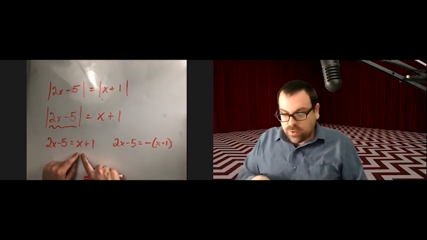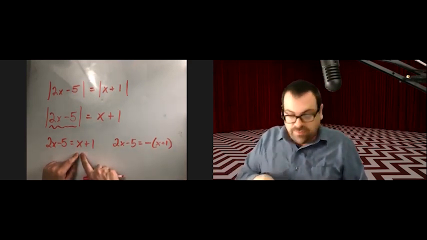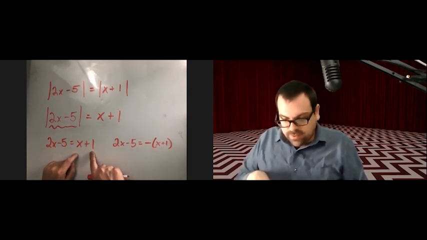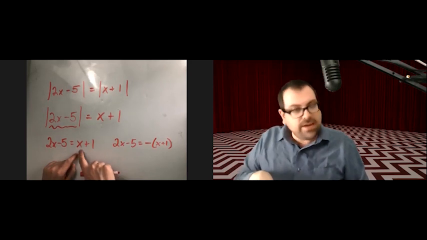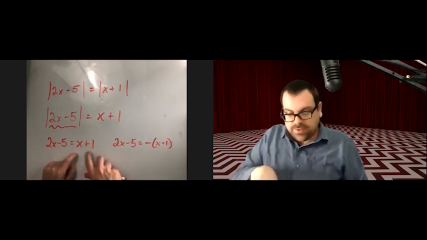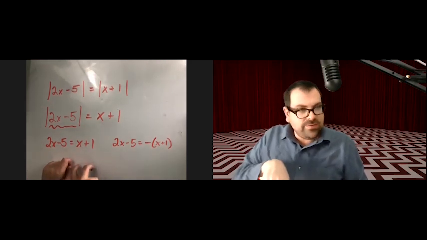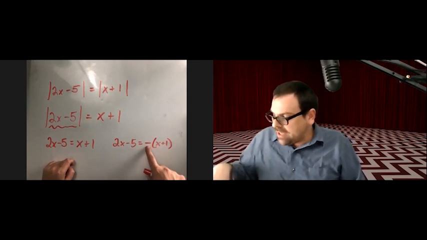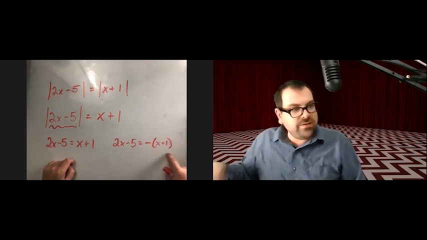Let's say x was negative 5. If x was negative 5, then x plus 1 would be negative 5 plus 1, which is negative 4. So this side would be the negative, and this would be the one where we would have to take the opposite of the negative number, and it would be the positive one over here.